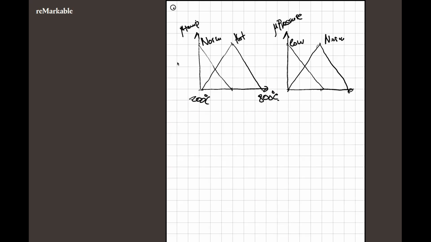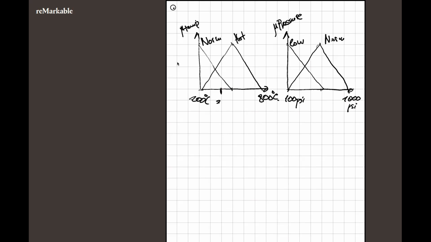And here we can have again values from 100, what was it? PSI to 1000 for pressure.